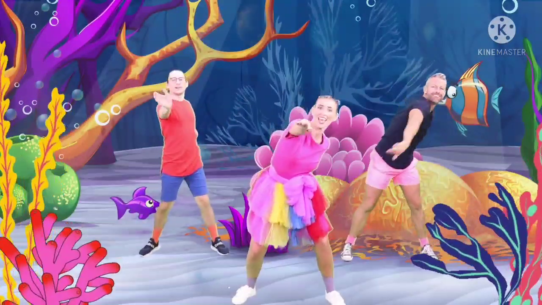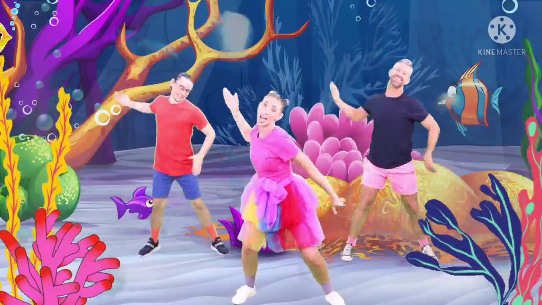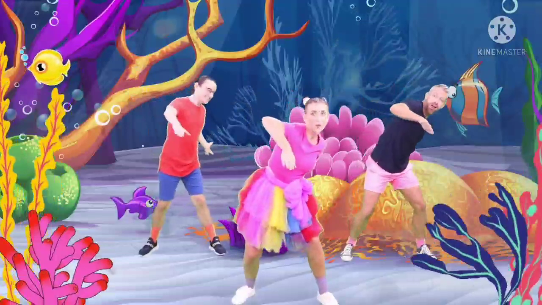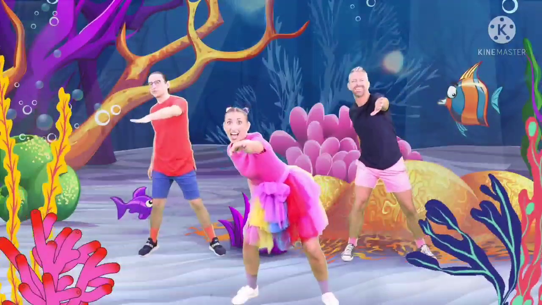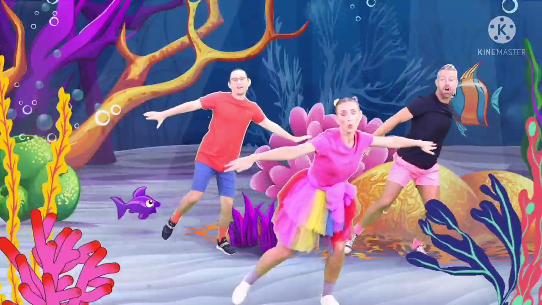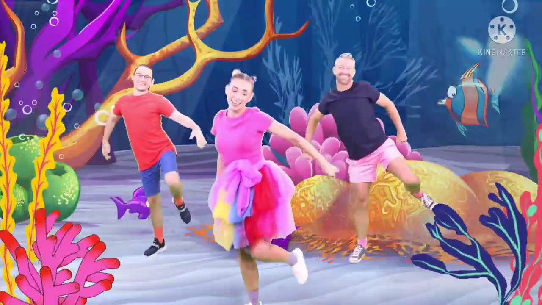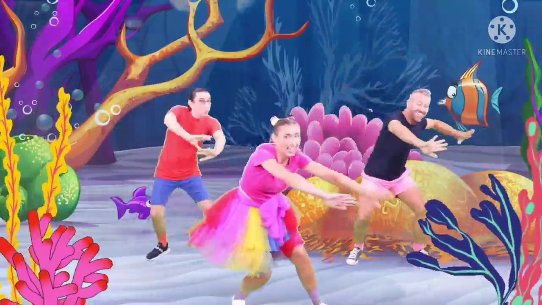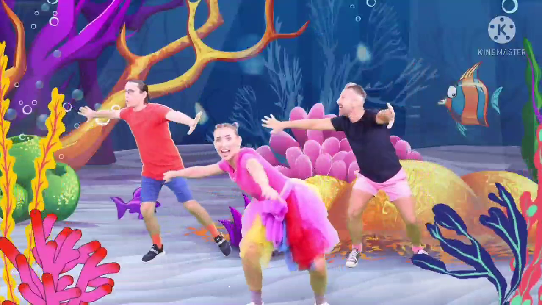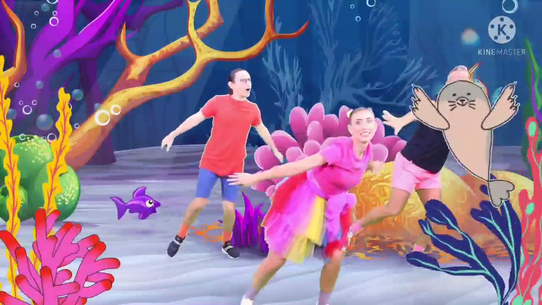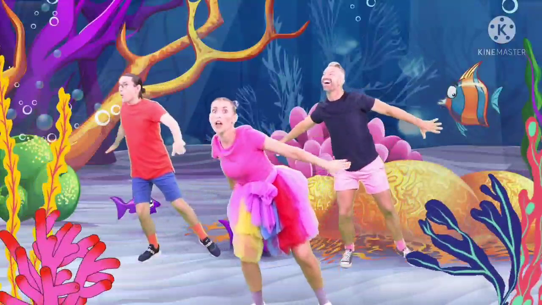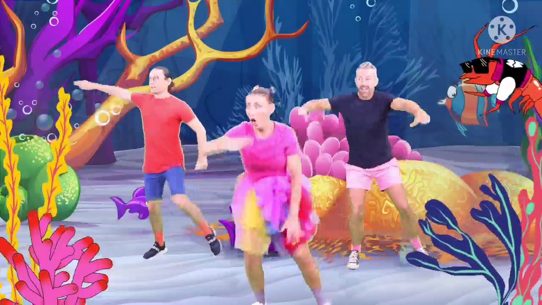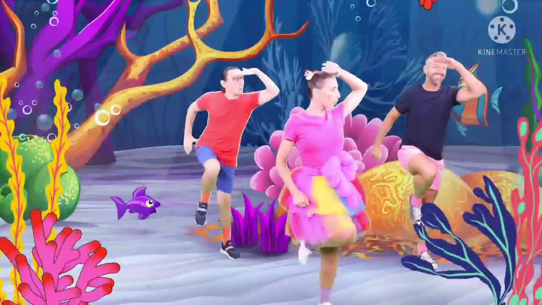Seals swimming upstream and downstream. Lobsters looking near and far.